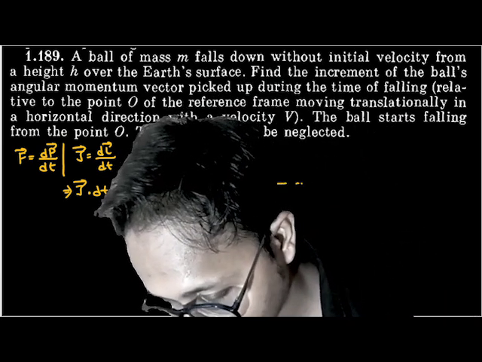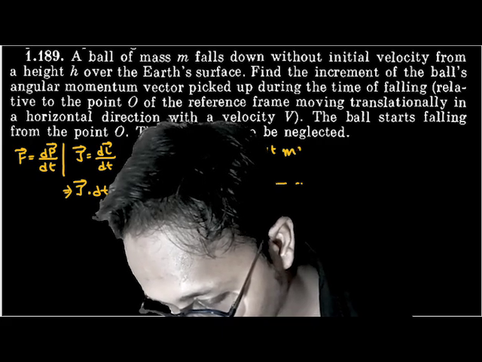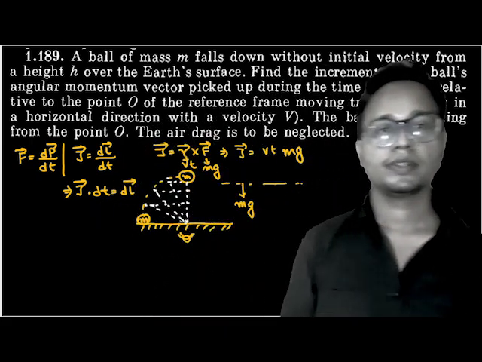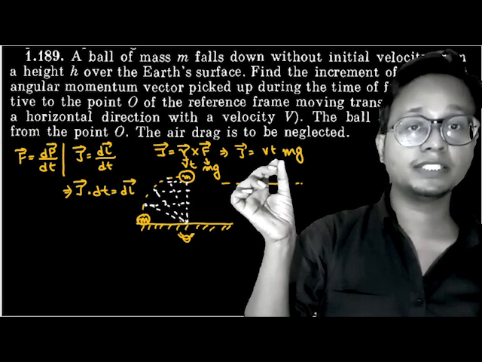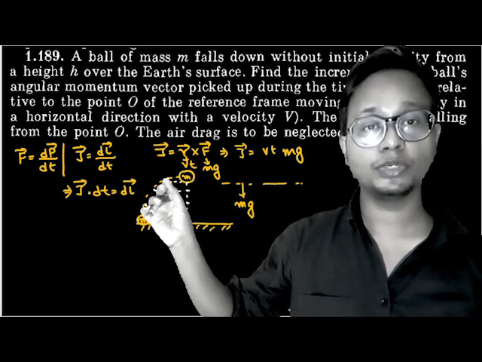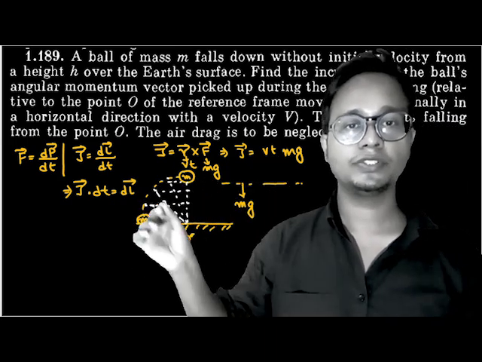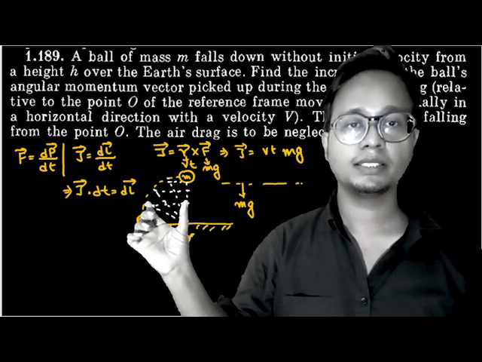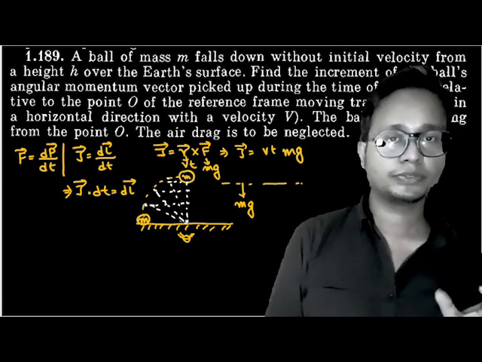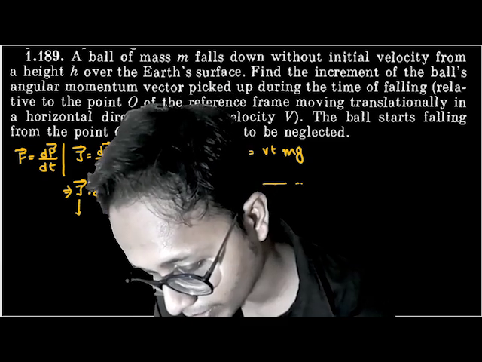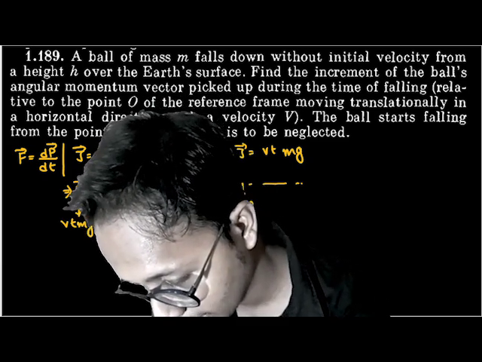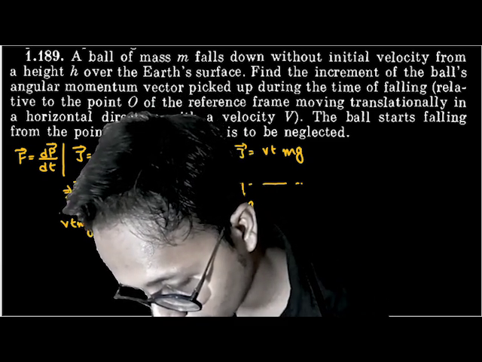Now torque is equal to vt cross mg. This is the value of torque. The time is variable out here, that means the time depends on which position you are seeing the particle at. If you see the particle out here, vt is nothing but this much. Now using this equation, torque, which is vt mg, into dt is equal to dL.